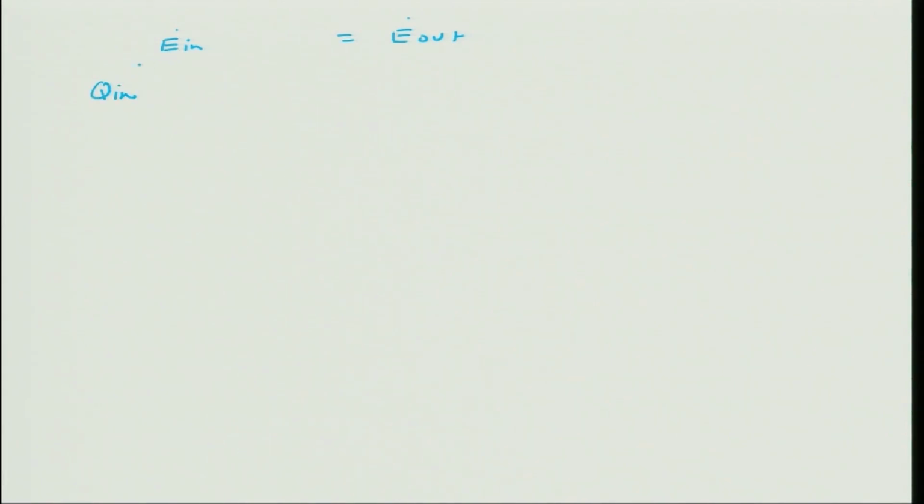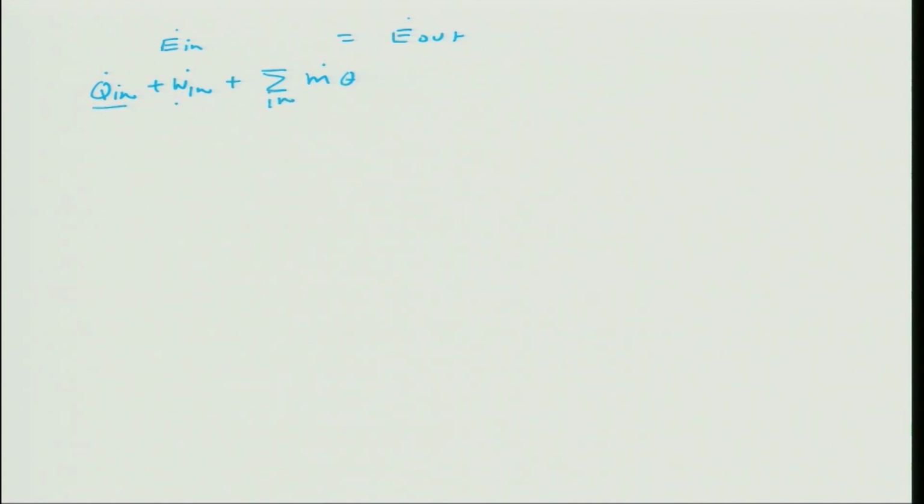This can be written as Q in dot, because it is all in the rate expression, plus W in plus m dot theta due to mass flow in, and you have different streams. So, I can write it in this form.